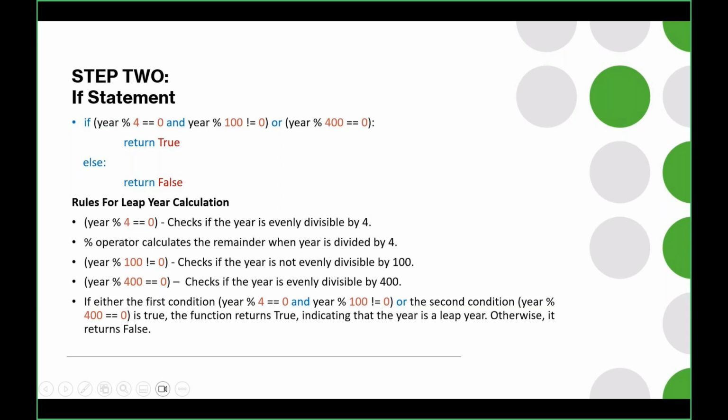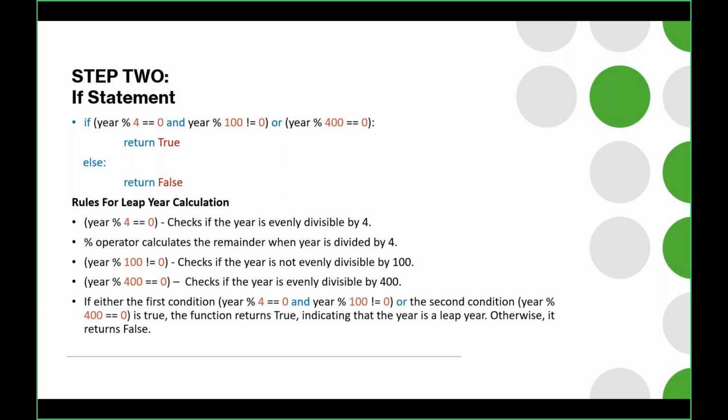And if this condition is true, it means the year is divisible by 4, which is a basic requirement for a leap year. We use the modulus operation to calculate the remainder when the year is divided by 4.